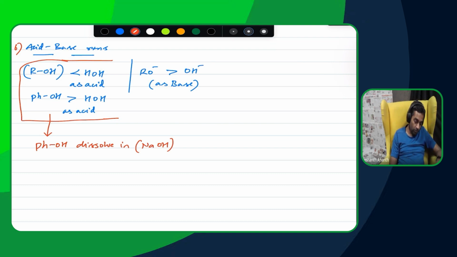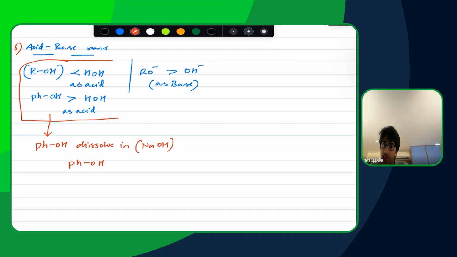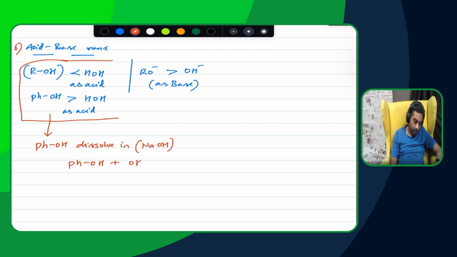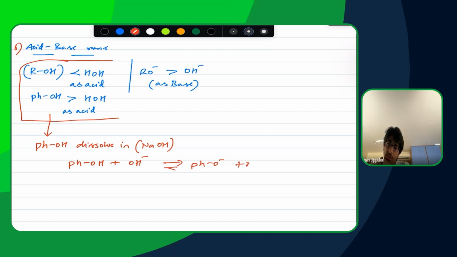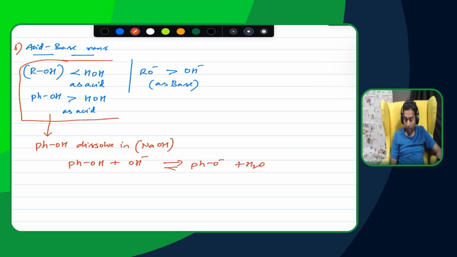If it is dissolving in sodium hydroxide, what will be the reaction? Phenoxide ion is formed. That means you're having a reaction with OH minus. It is going to be PhO minus plus H2O, water. So this is in the forward direction?